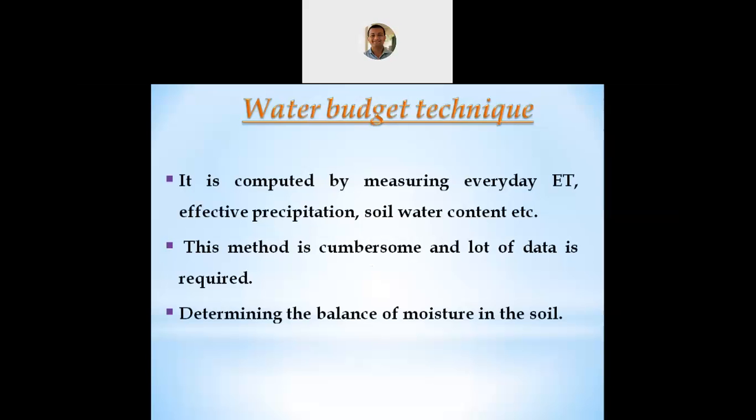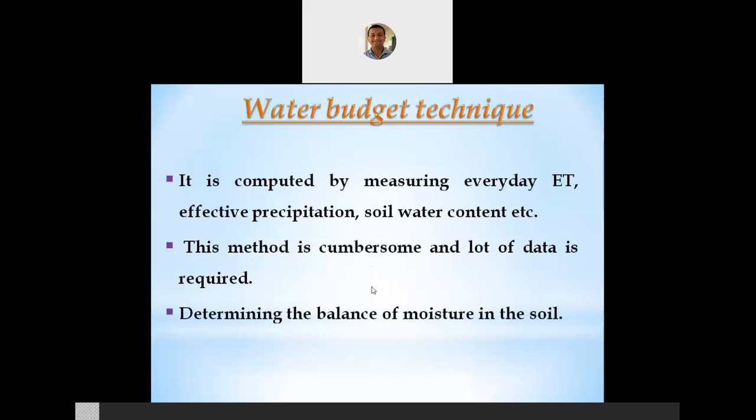Although this method is cumbersome and requires a lot of data, in this approach we take into consideration all the factors: the water present in the soil, the kind of weather condition that is prevailing, and also the plant factors, because as the plant grows, the evapotranspiration from a plant changes over time. It gradually increases from sowing up to harvesting. So in this water budget technique, we take into consideration all the three things.